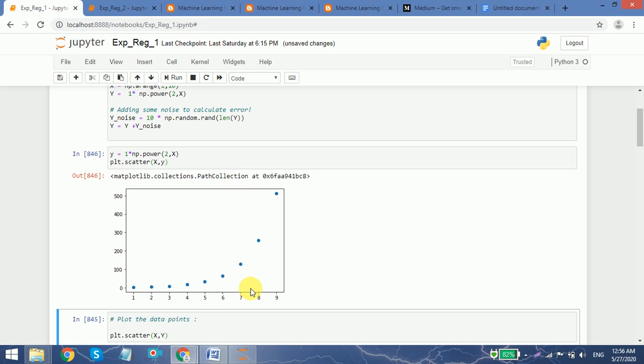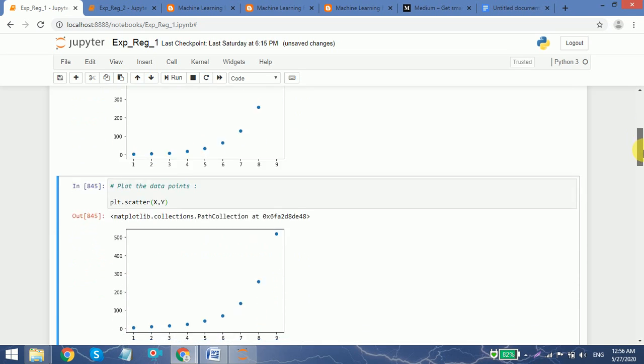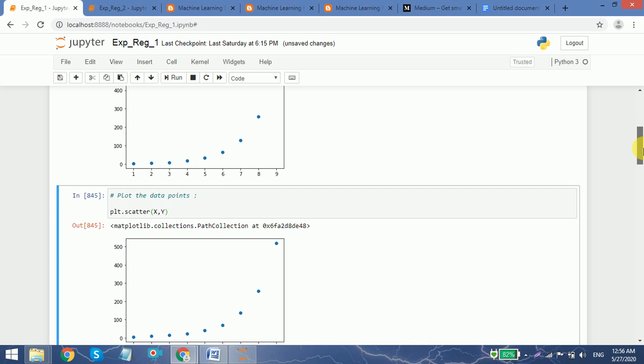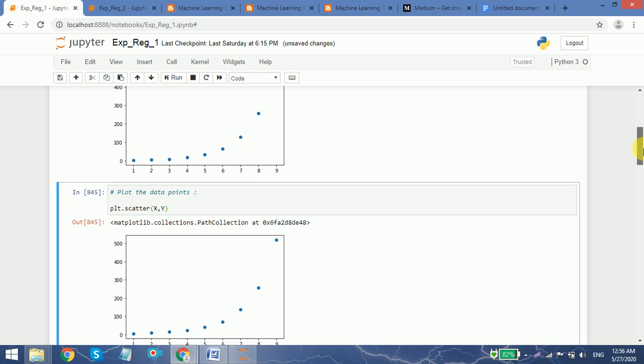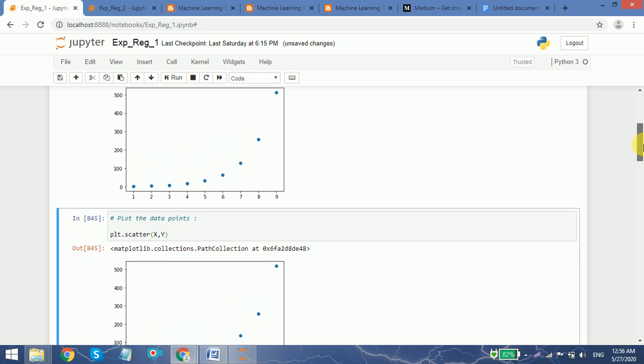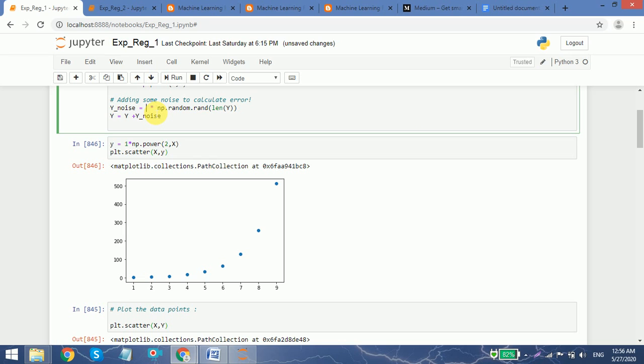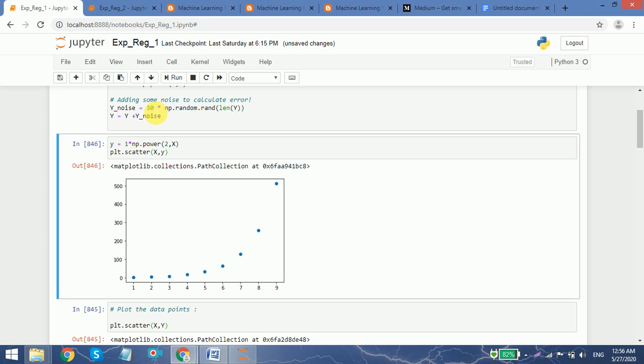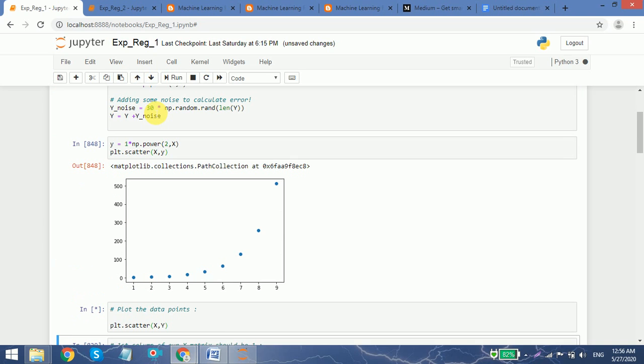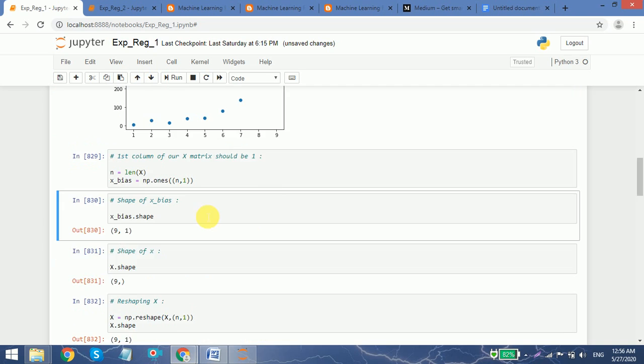Here you can see that if you don't add noise, it is just a simple function. It is almost the same, but if you look closely, you might notice some difference. If I increase the value to 30, you might notice even more difference.